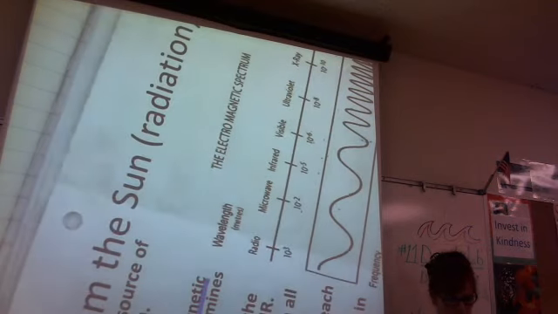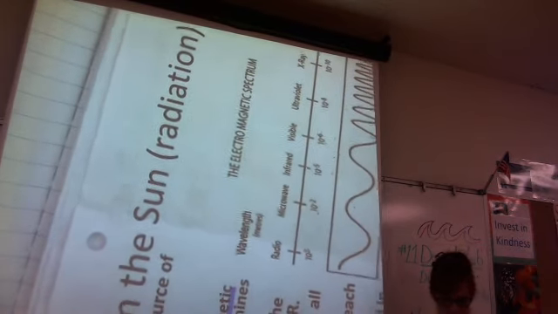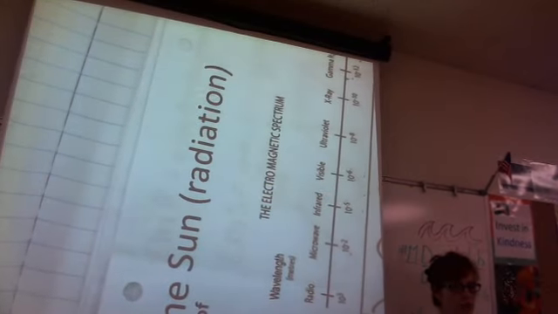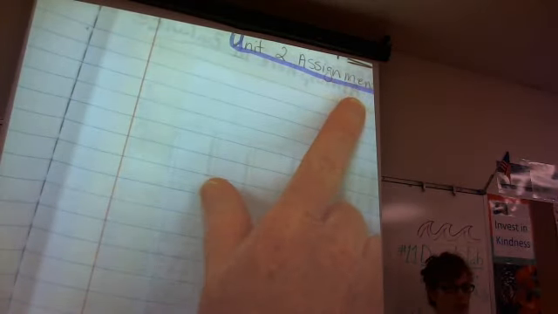You can look at those notes if you were gone or whatever. And then we'll be doing the assignment I gave you today, number 15. Question? Wait, what's number 12? Number 12 is where you're going to put your new assignment sheet for the unit.